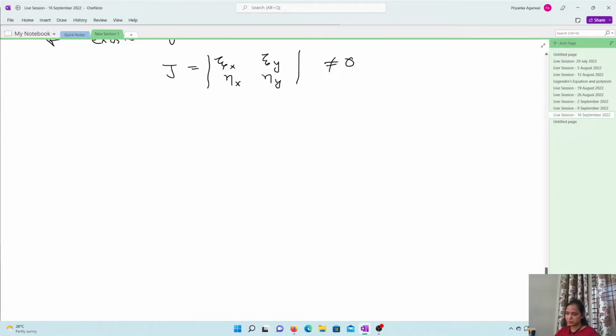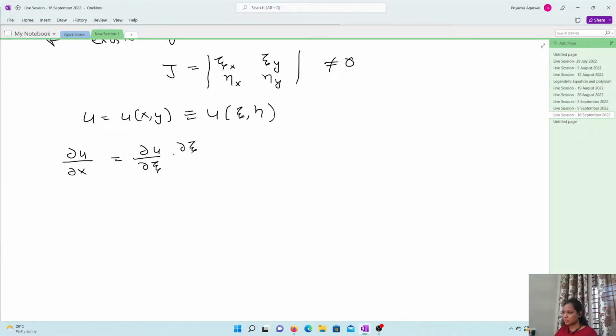Now how is the transformation done? So if u is a function of x and y, and we have to write it as an equivalent function of xi and eta, then we can use del u by del x equals to del u by del xi into del xi by del x plus del u by del eta into del eta by del x.